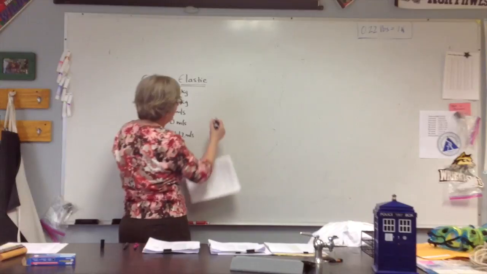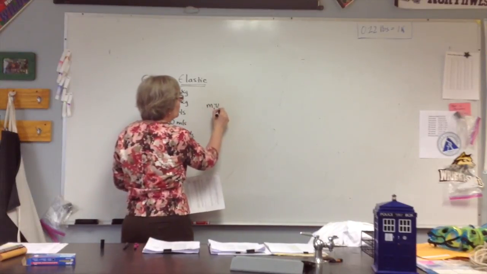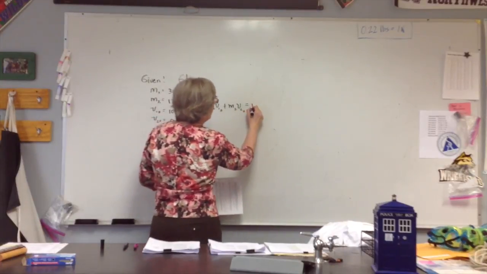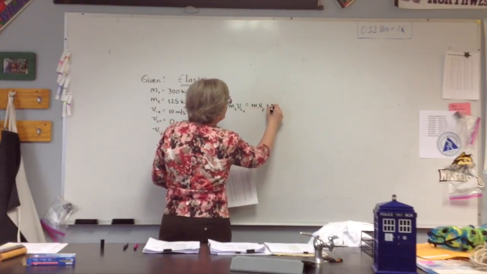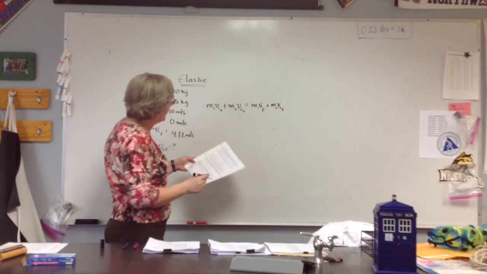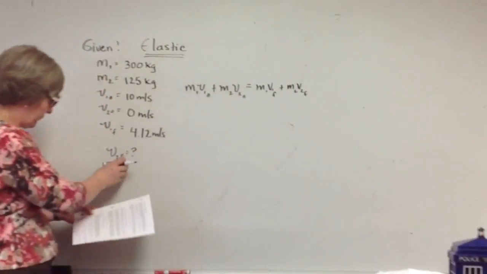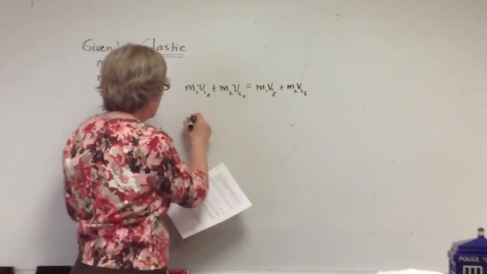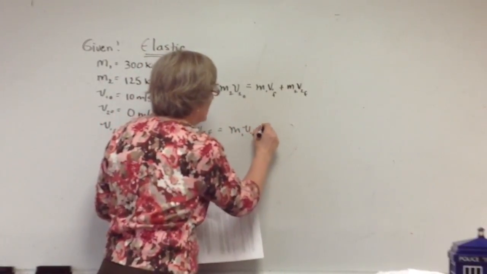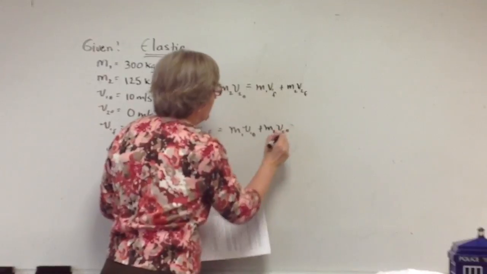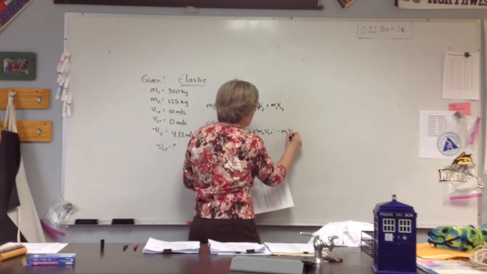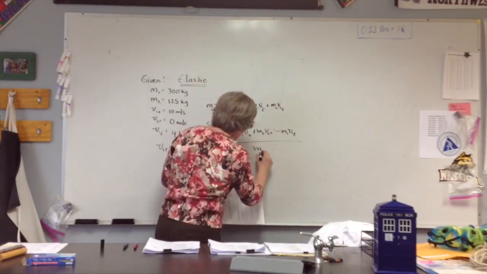The original equation is m1 v1 initial plus m2 v2 initial equals m1 v1 final plus m2 v2 final. If we rearrange to solve for v2 final, we have v2 final equals m1 v1 initial plus m2 v2 initial minus m1 v1 final, divided by m2.